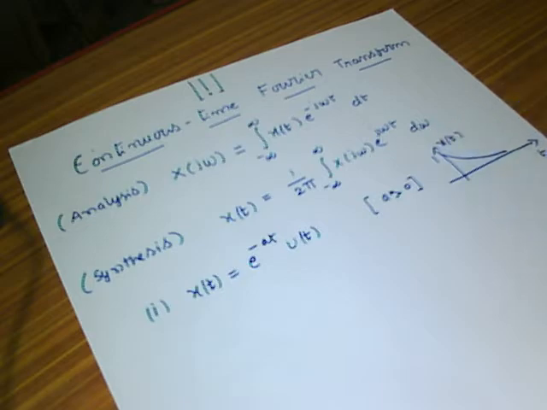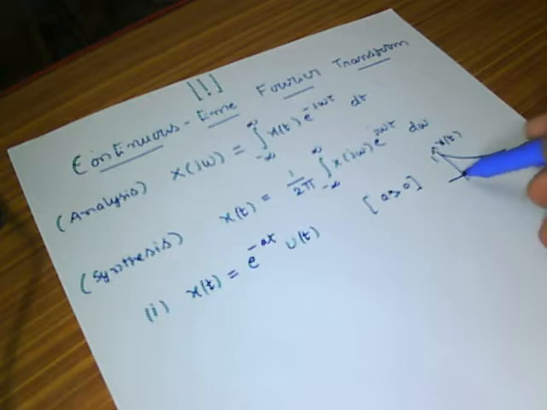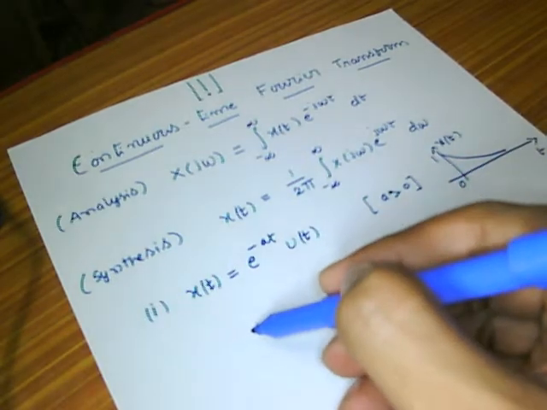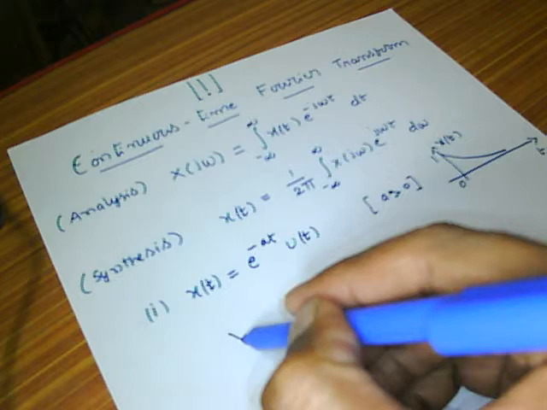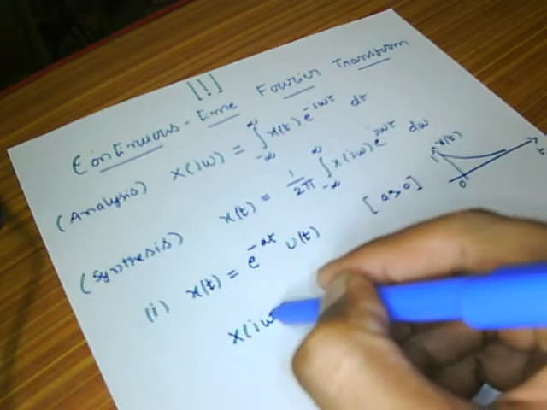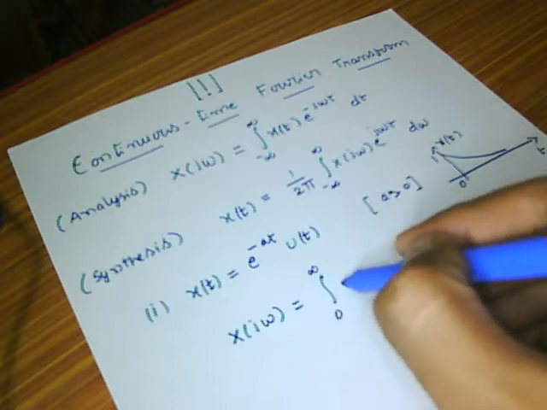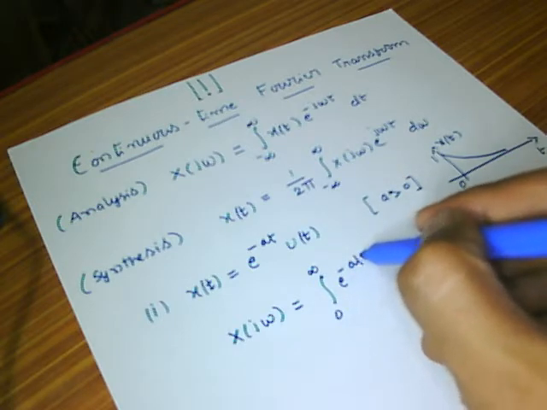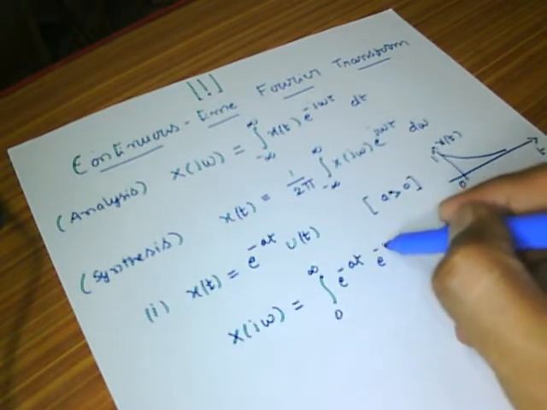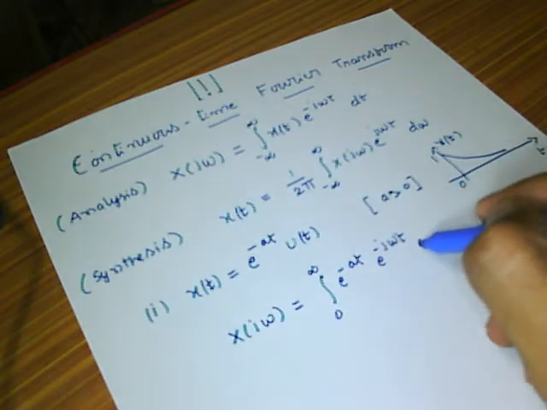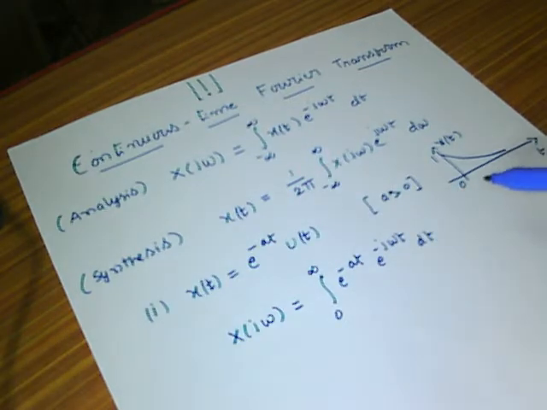Obviously, as the signal exists from 0 to infinity, the integral in the continuous time Fourier transform also exists from 0 to infinity of e power minus at into e power minus j omega t dt. This we can easily simplify as 1 by a plus j omega.